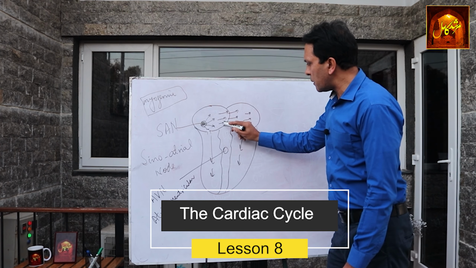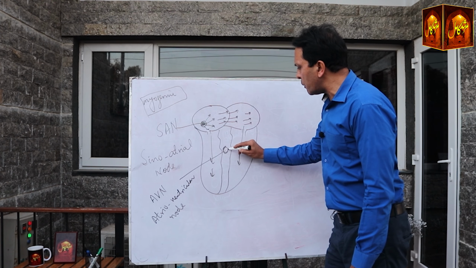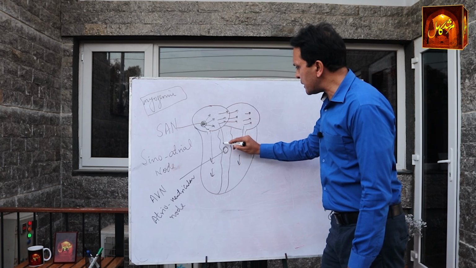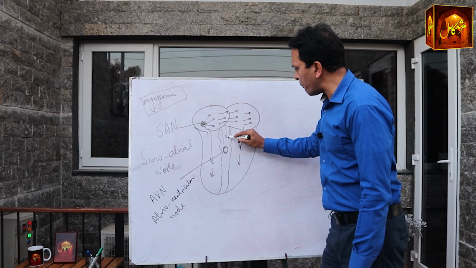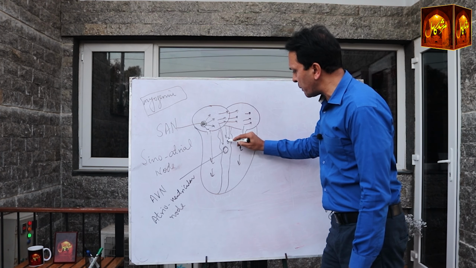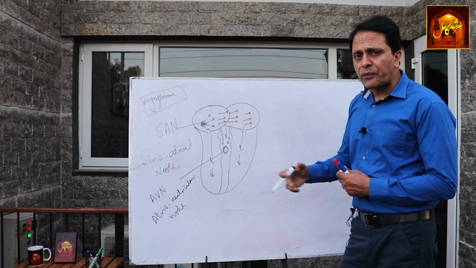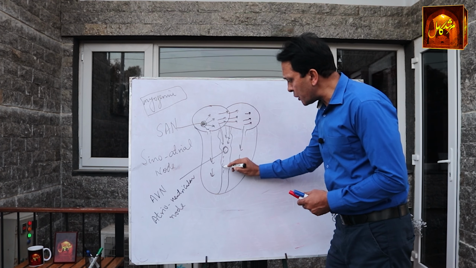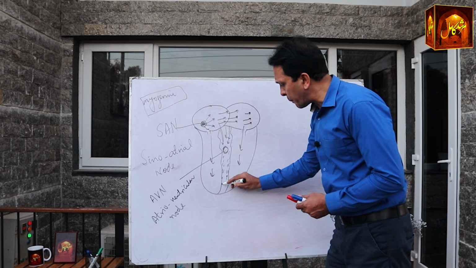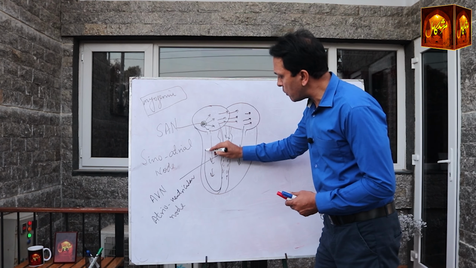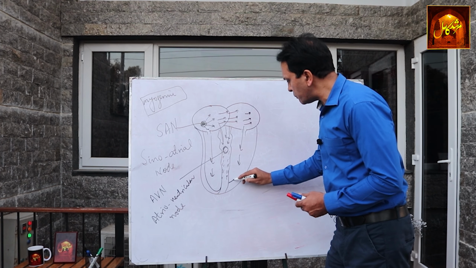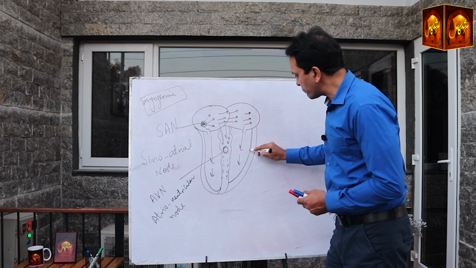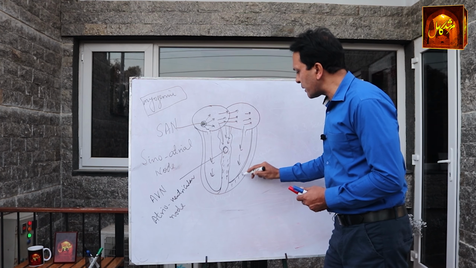This atrioventricular node receives the wave of excitation as well and rectifies this wave of excitation towards the tissues which are present in the septum and wall of the ventricle as well.